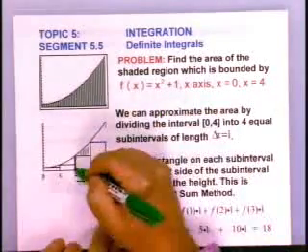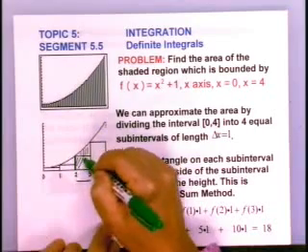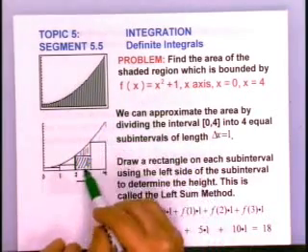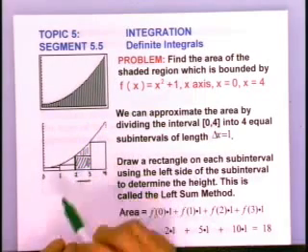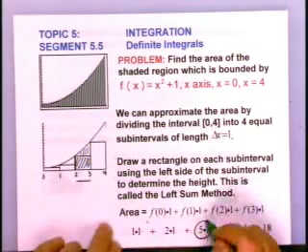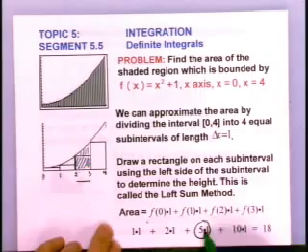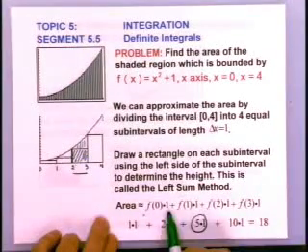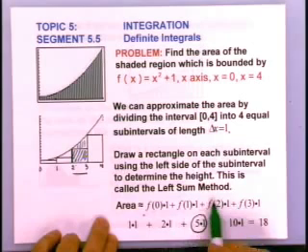So the height of this particular rectangle is 5. And the width of this rectangle, when we go from 2 to 3, of course, is 1 unit. So f of 2 times 1 would give me the area of that particular rectangle. And then you would do the same thing for each of the 4 rectangles.